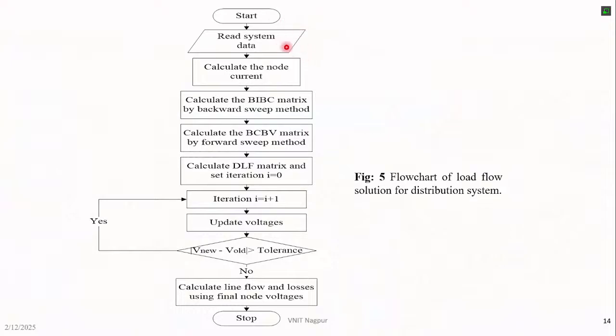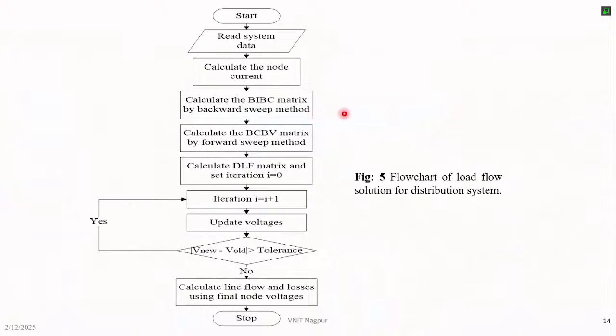The system data is supposed to be your load data, along with the line data for any system, and from there you calculate the node current.